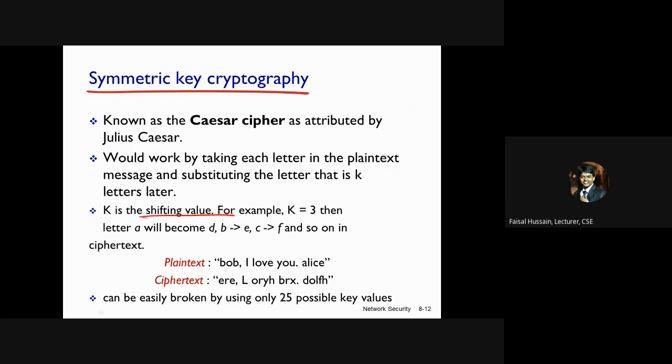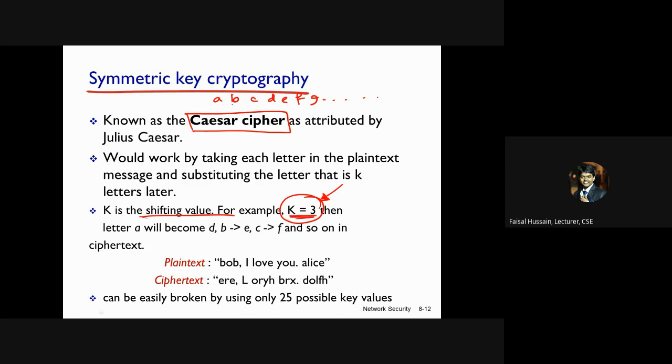If you write out all the letters A, B, C, D, E, F, G, dot dot dot, and the shifting key value is 3, that means this shift needs to be chosen. This is the key for the Caesar cipher. The Caesar cipher is the algorithm, and the key is the value 3.